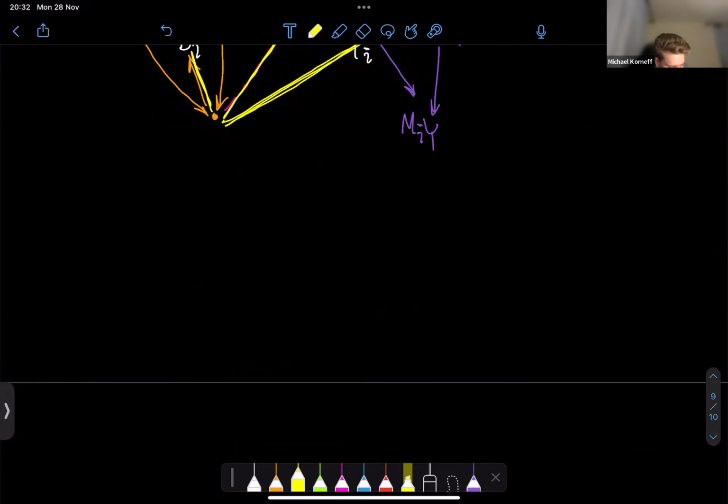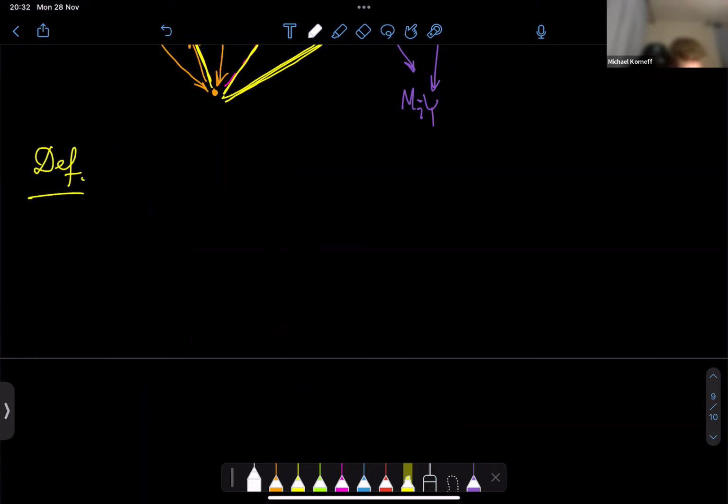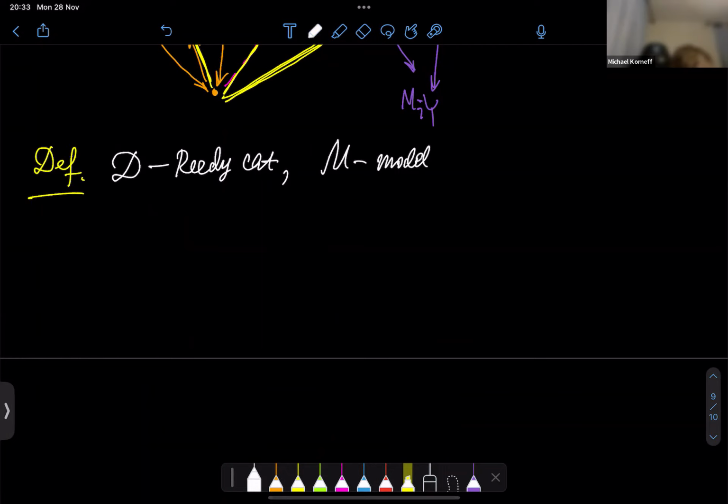This lemma motivates the following definition. Let D be a Reedy category, and let M be a model category. And consider the map between diagrams.